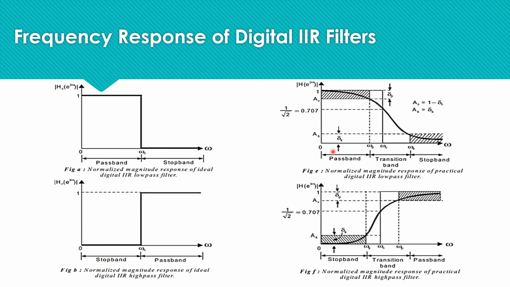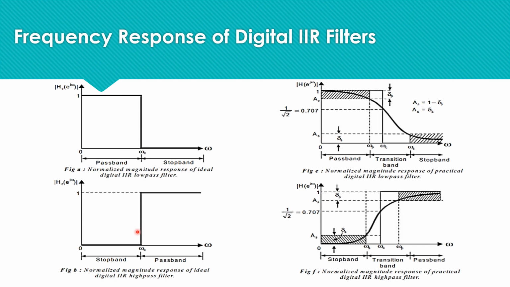In the practical case, the transition is not sudden; it is gradual. So we have a pass band edge frequency omega p and stop band edge frequency omega s, and the gain at the pass band edge frequency is AP and at the stop band edge frequency is AS.